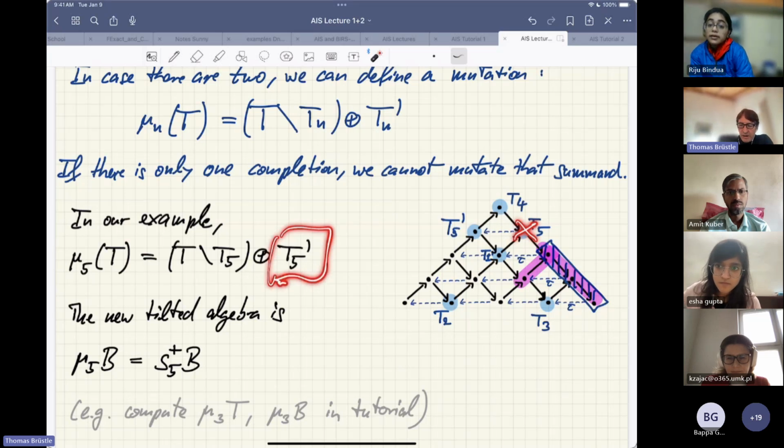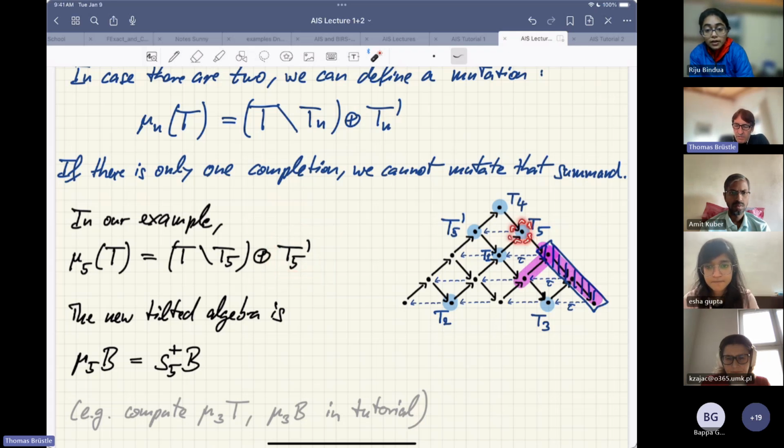And if you do the calculation, if you take out this one and you want to fill in somebody new instead, you see I cannot take anyone here because their Hom space would map into this one. I cannot take those. None of these is allowed. That's the only way you can fill it.